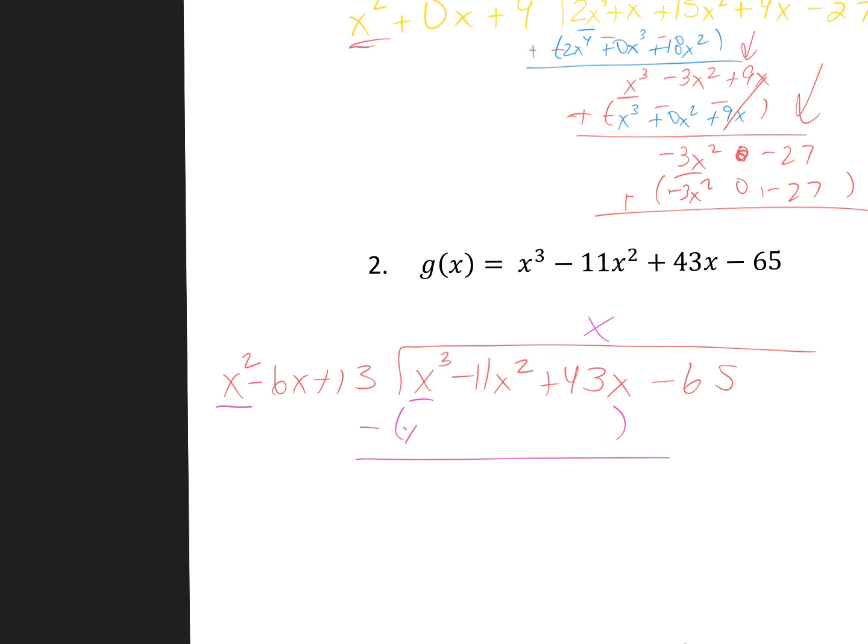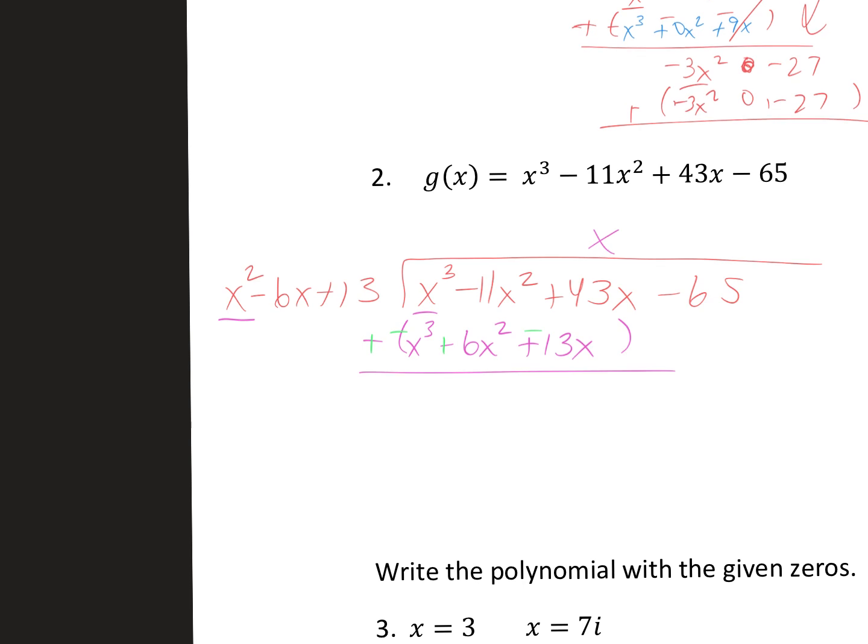X times x squared is x cubed. X times negative 6 is negative 6x squared. X times 13 is plus 13x. Distribute, distribute, distribute, distribute. 43 minus 13 is going to give me a positive 30x. Negative 11 and a positive 6 is going to give me negative 5x squared. And then my minus 65 comes down here.